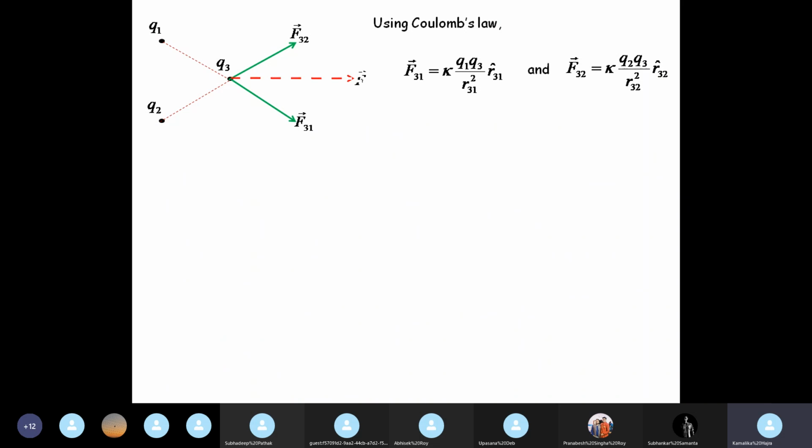So what is the resultant force on Q3? The resultant force F due to simultaneous action of Q1 and Q2, we just put the values of F31 and F32. Okay, so this is the resultant force.